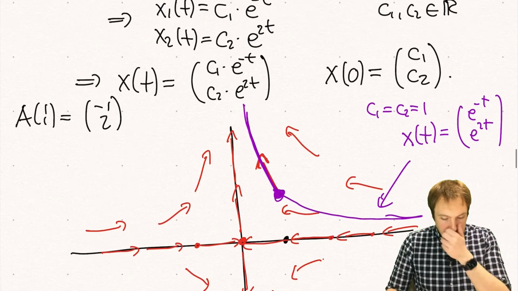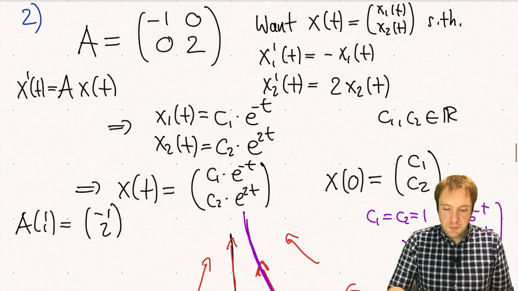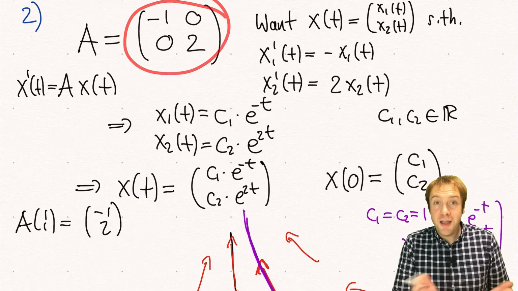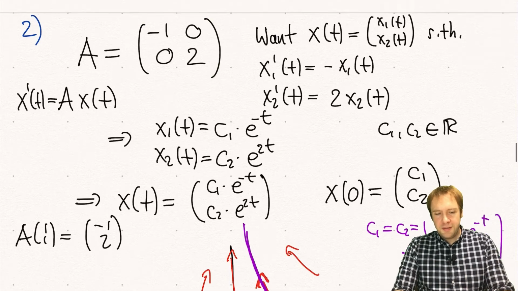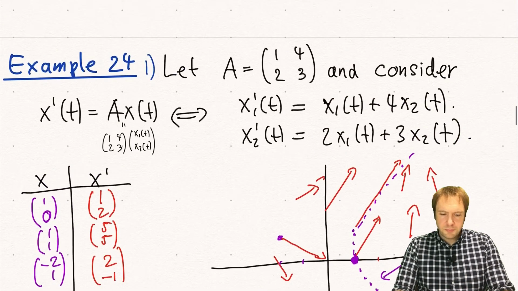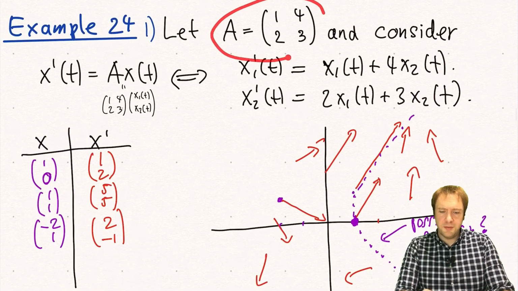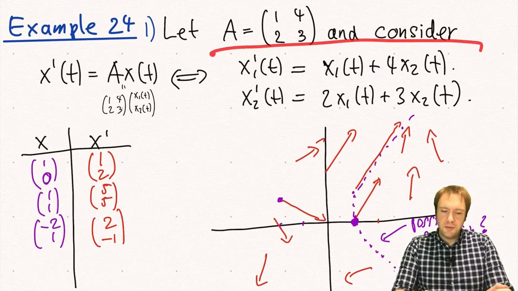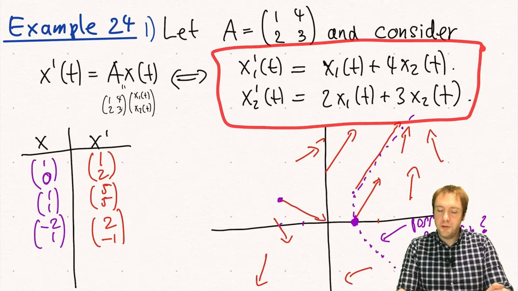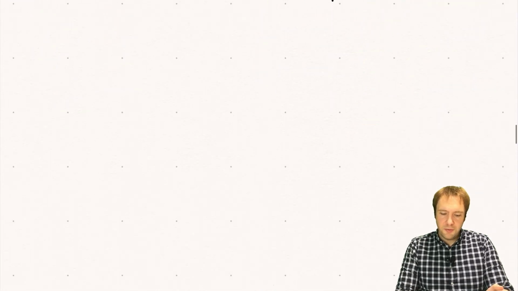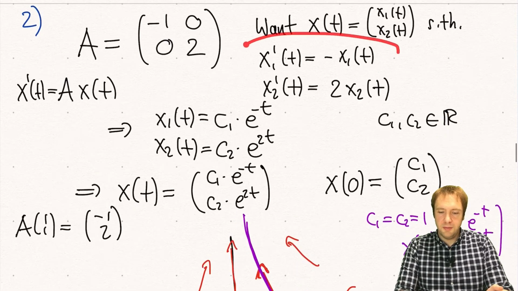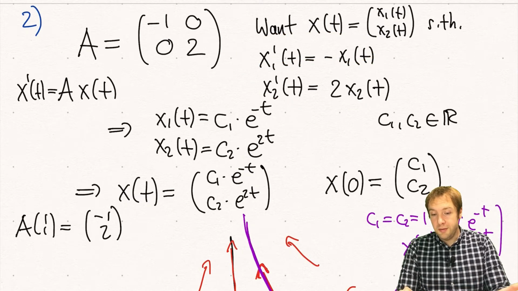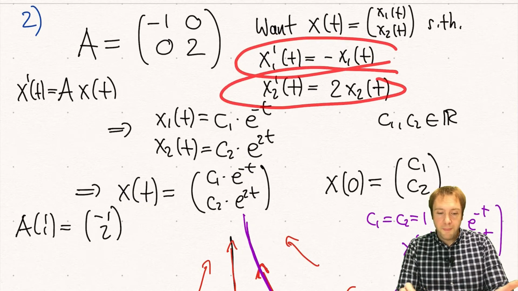Okay, so this is a really simple example because this matrix A was just a diagonal matrix. But in example number 1, this matrix A is not a diagonal matrix, and it's not clear how we can solve this equation, because here it was clear since x1 and x2 were independent of each other.